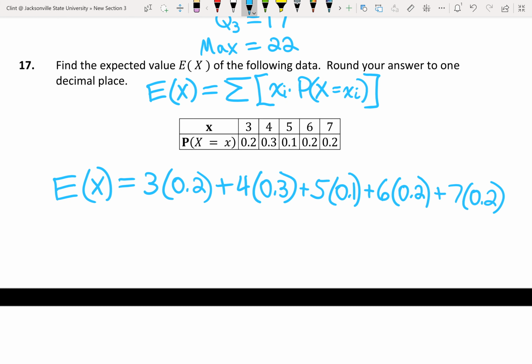Okay. And we put that in our calculator. 3 times 0.2 plus 4 times 0.3 plus 5 times 0.1 plus 6 times 0.2 plus 7 times 0.2. And for our expected value, it says round to 1 decimal place. So our expected value here would be 4.9.